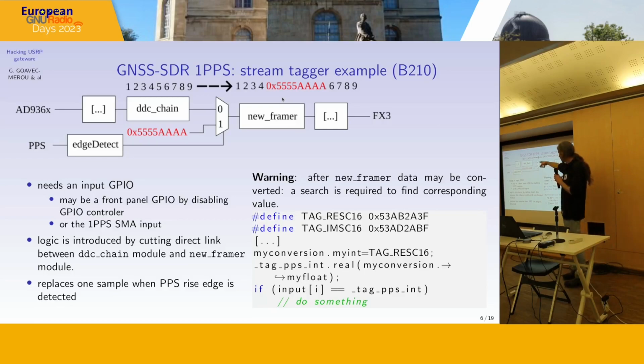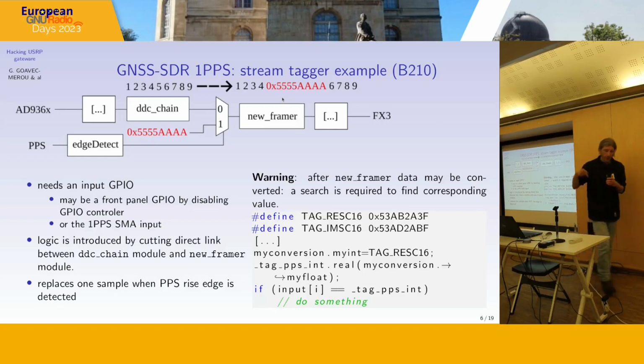The idea here, again, is to use a PPS. This PPS may be an internal one, for example the PPS we want to output as a reference, such as a GPS PPS, or an external signal totally independent of the chain. When the edge is detected, the output of the edge detect is equal to 1.